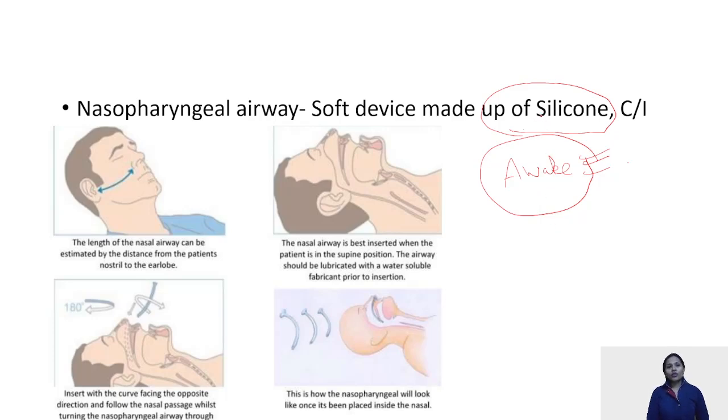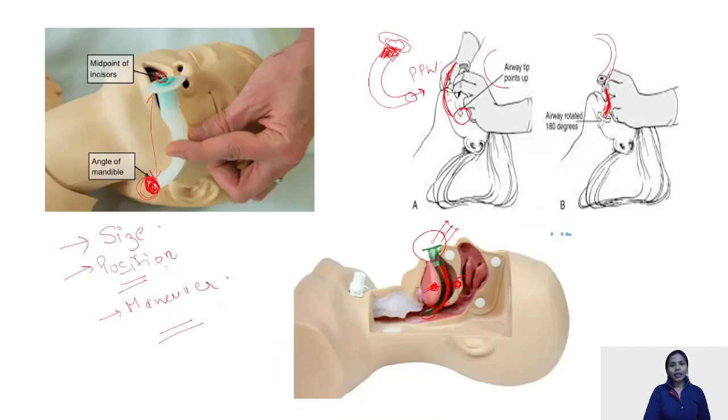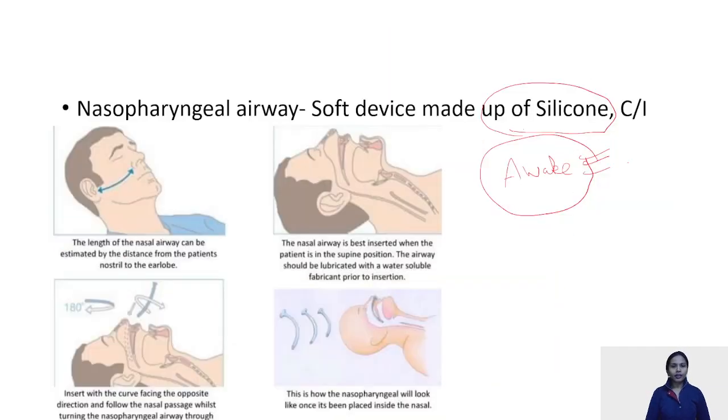So this is the type of nasopharyngeal airways. These are your nasopharyngeal airways. As you can see, they are also present in various sizes. Now, sometimes there is some confusion about the shape of the nasopharyngeal airway. This is how your nasopharyngeal airway is going to look, and then your uncuffed ET tubes.